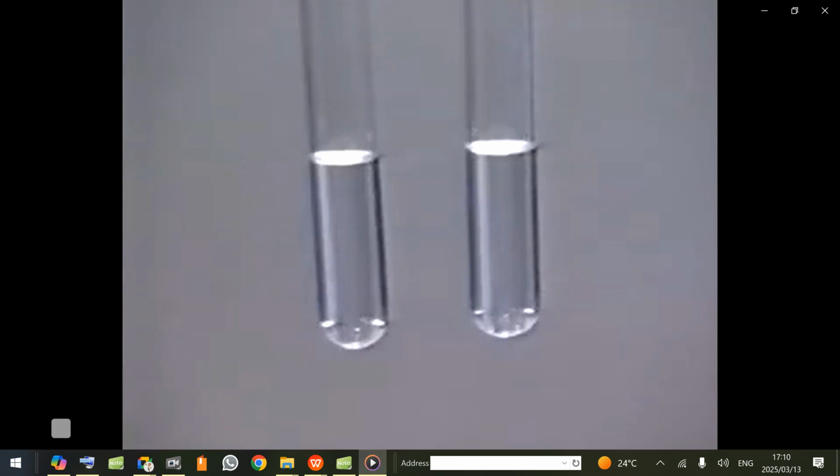All right, this is what happens. We have two colorless liquids. We don't know which one is saturated and which one is unsaturated. So we are going to drop bromine water. Bromine water is brown. First, brown-red bromine is added drop by drop to the left-hand tube containing saturated hydrocarbon.